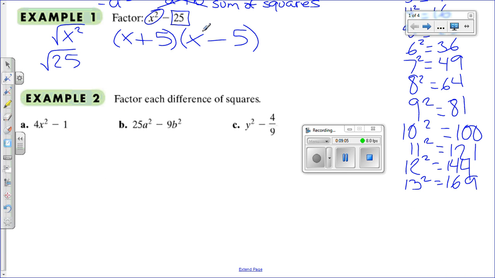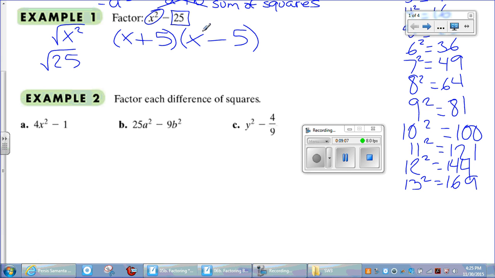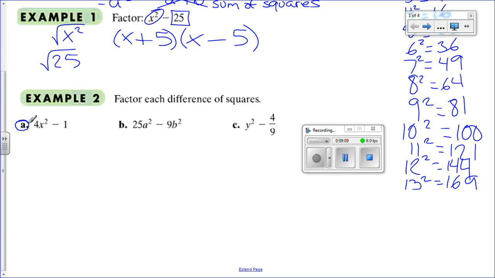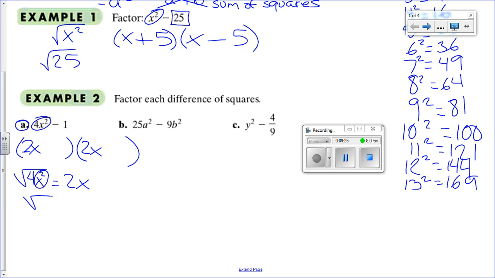For example 2, part A, we have the square root of 4x squared. So the square root of 4 is 2, the square root of x squared is just x. We'll have 2x, 2x. The square root of 1 is just 1, or negative 1.